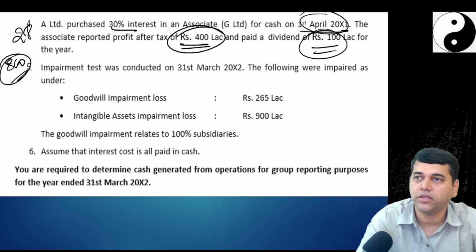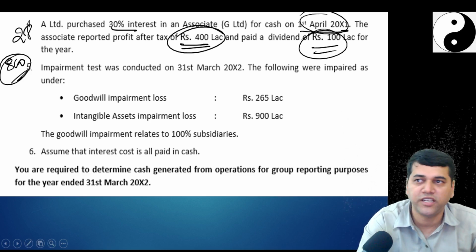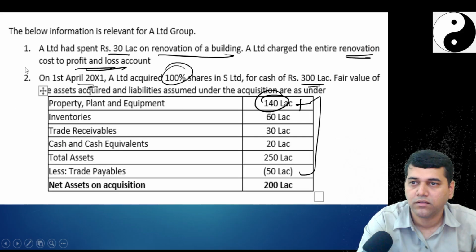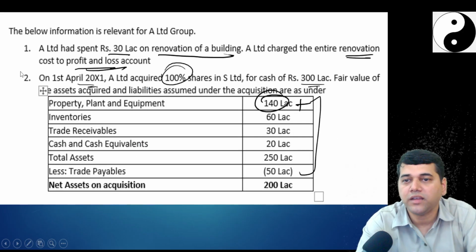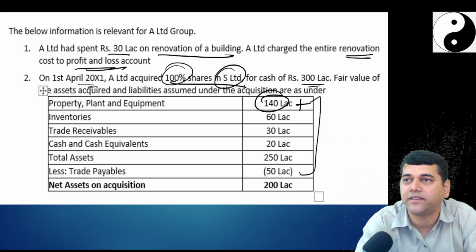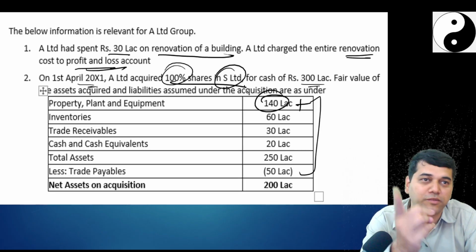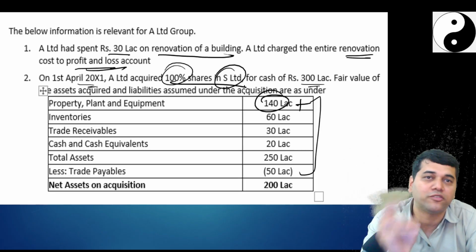300 lakhs, sorry. There is a change in the question. This is 100% of the shares in S Limited, subsidiary. There are two investments. One is investment in subsidiary, one is investment in the associate.